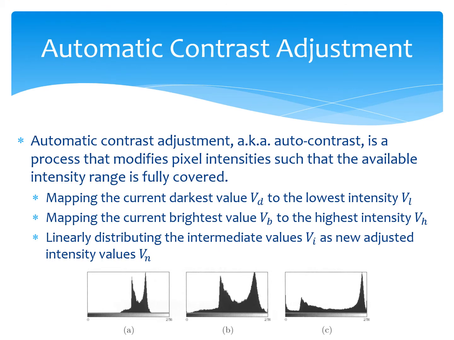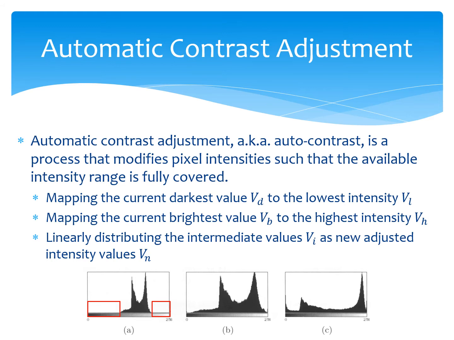In order to automatically enhance the contrast of an image, which is also known as auto contrast, our goal is to adjust pixel intensity levels such that all available intensity range is fully covered. For example, you can observe that in a low contrast image, the pixel intensities highlighted in red rectangles are not used.